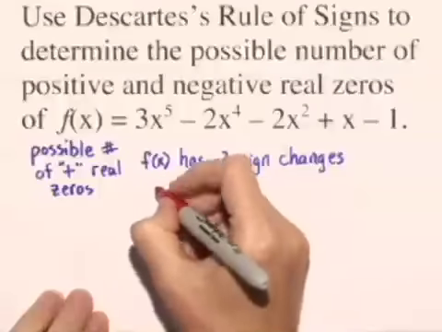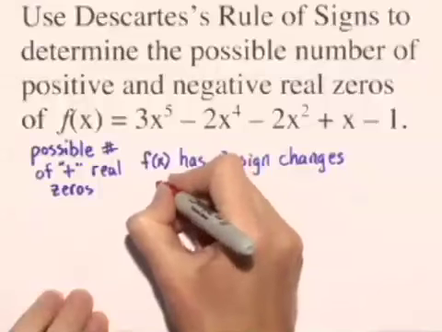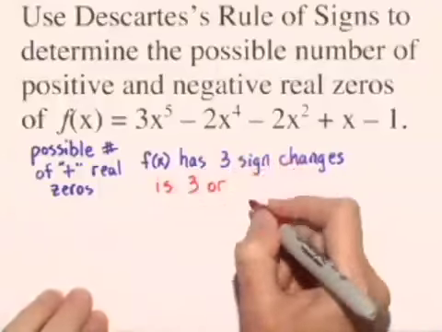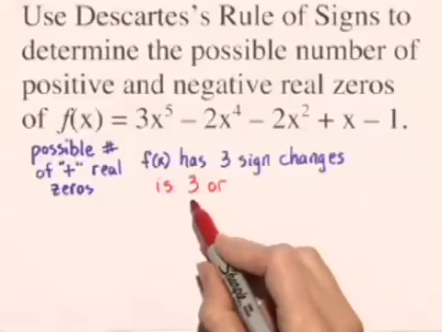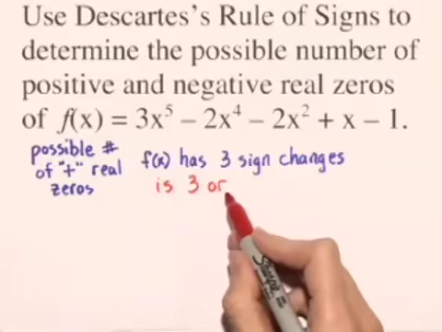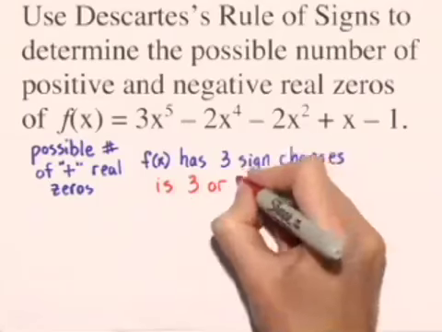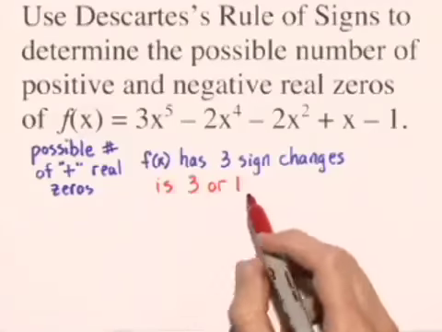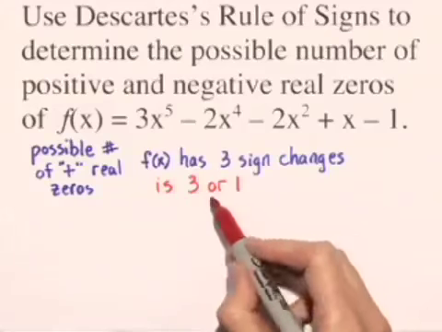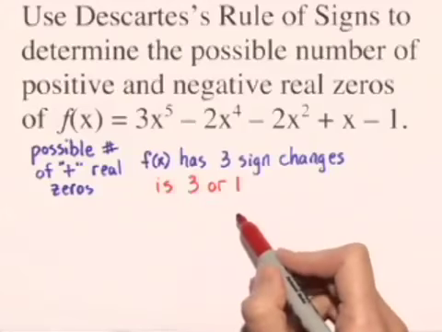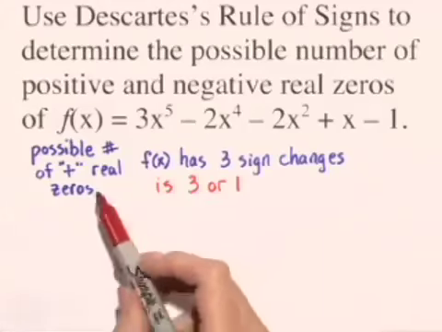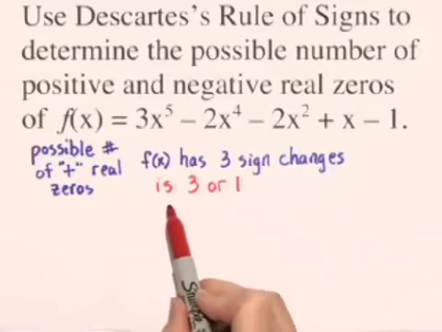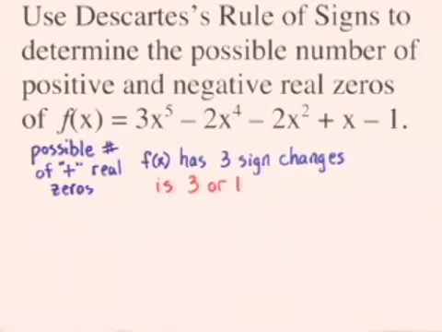The number of possible positive real zeros is going to be 3, or I can take 3 and subtract 2 from it, and I get 1. I keep subtracting 2 until I either get 1 or 0. So I don't have any other possibilities. So the number of possible positive real zeros for this function is either 3 or 1.